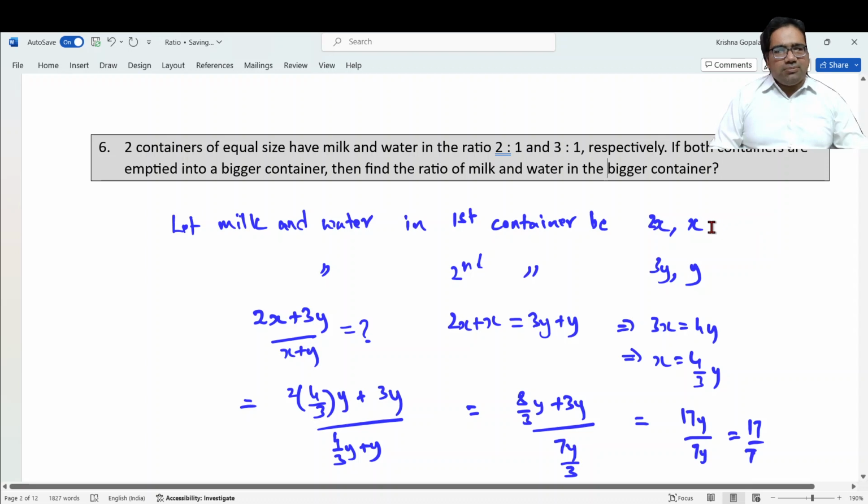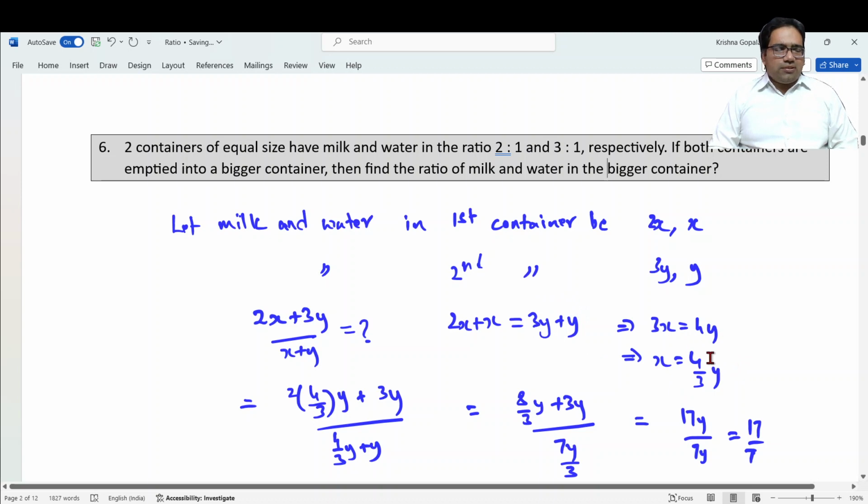What does that mean? 2x plus x is equal to 3y plus y. x equal to 4 by 3 y. Okay. Both are of equal size. That is also given. That means total milk and water in container 1, 2x plus x is equal to 3y plus y in container 2. What does that mean? x equal to 4 by 3 y.